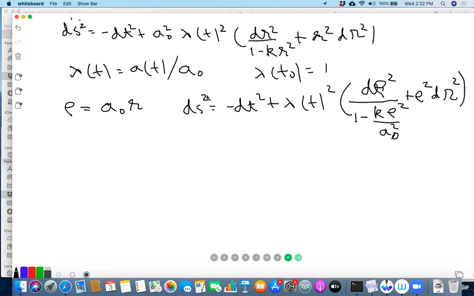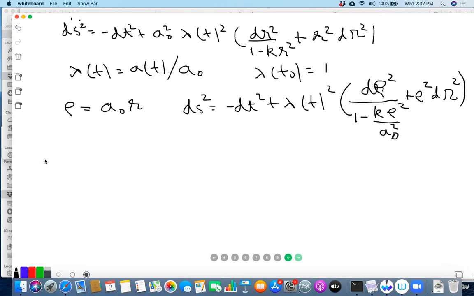Is this clear? What I have done is taken this a naught inside. a naught times r I am calling rho, so this becomes d rho squared, and this becomes rho squared d omega squared. And the denominator 1 minus k r squared, I write as 1 minus k times rho squared over a naught squared.